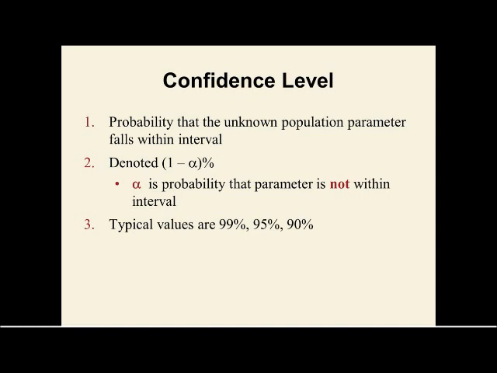So what we'd have to do to be 100% confident is choose an interval between 0 and infinity. To be absolutely sure that we always capture the mean population income for U.S. citizens, we'd have to have an arbitrarily large interval, between 0 and infinity.